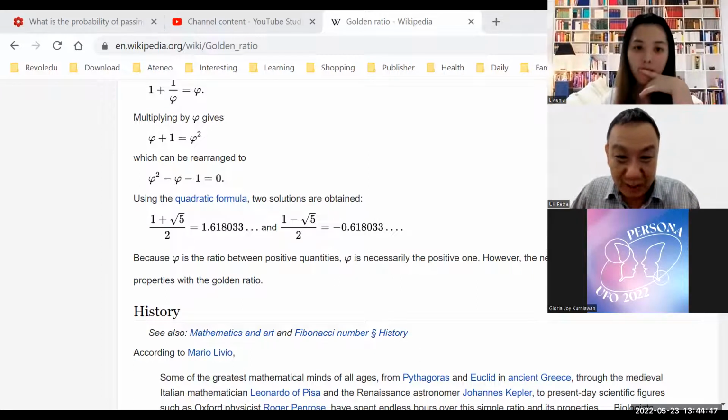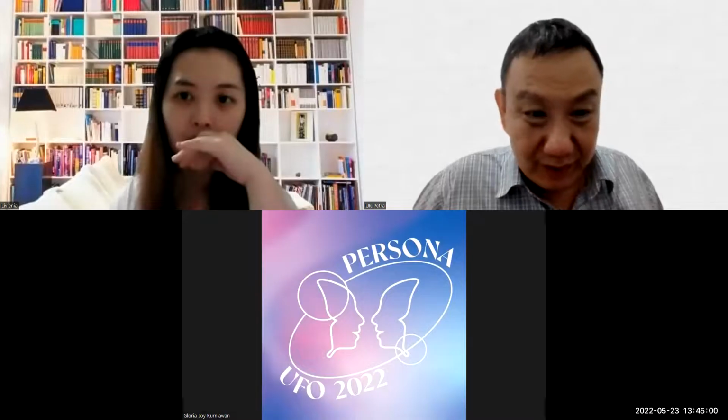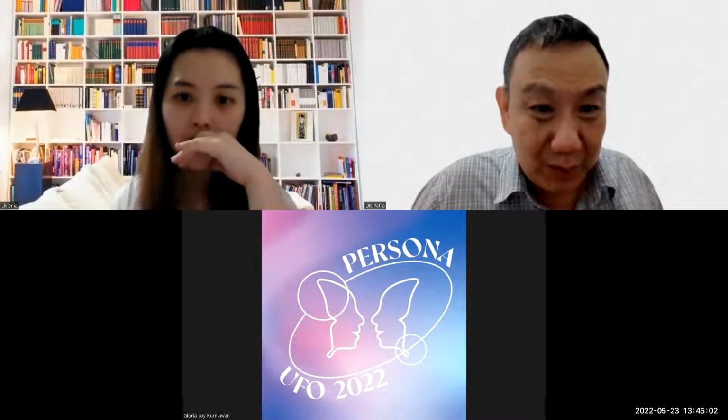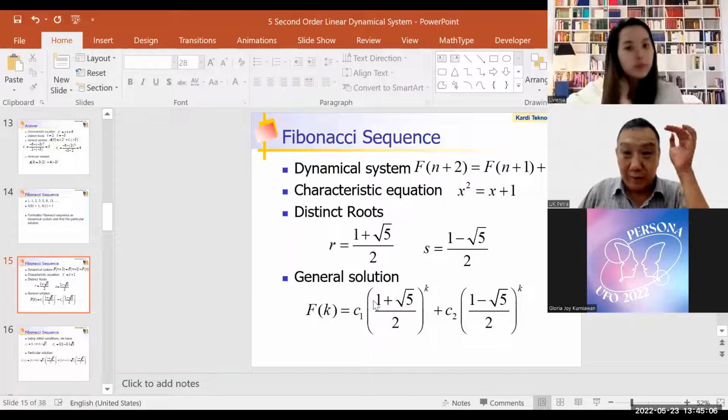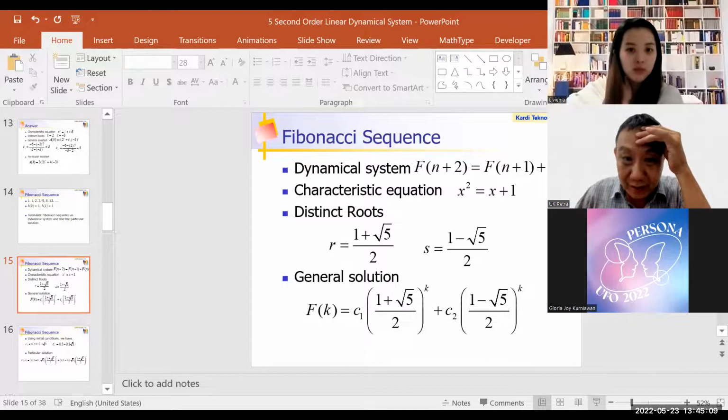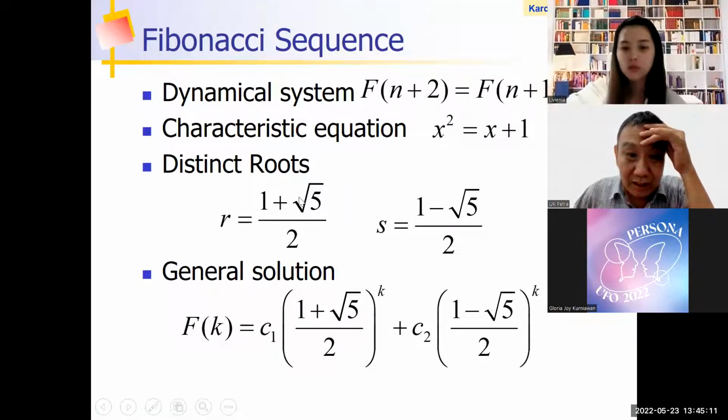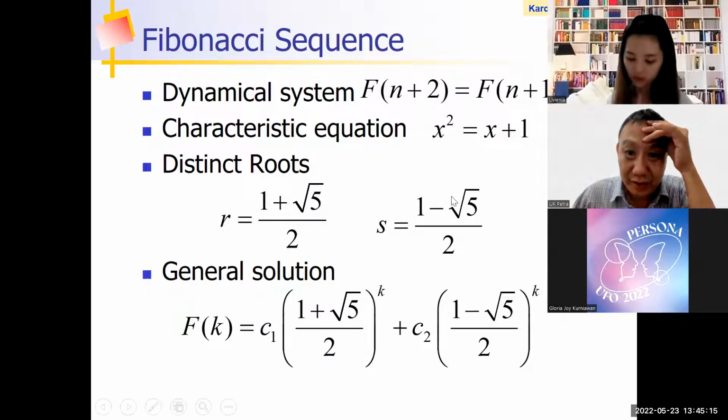This is exactly what we just got in the slide, right? That is actually the root of the difference equation. If you want to know more, you can read the Wikipedia by yourself. So come back here. This is the distinct root of the dynamical system of the Fibonacci sequence.